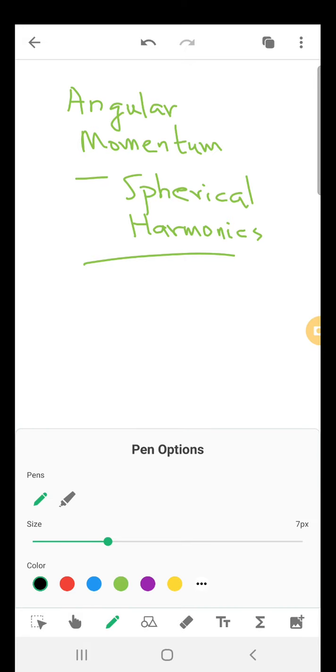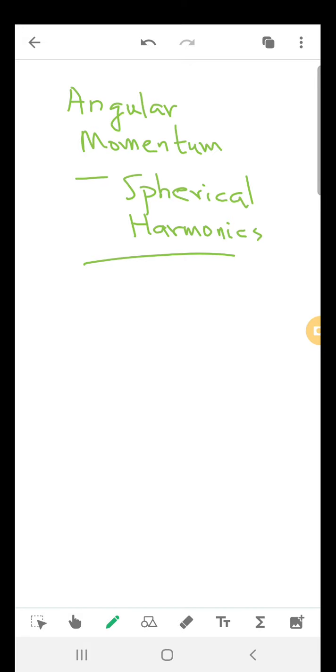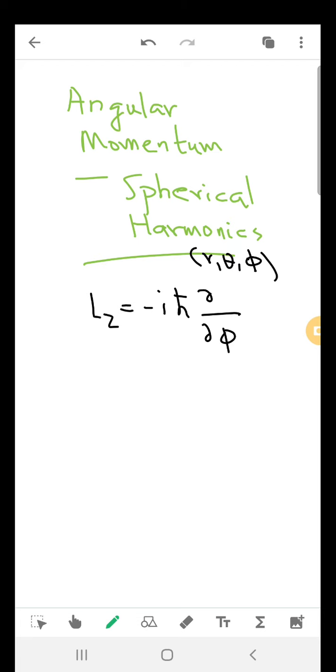Now, we know that the z component of angular momentum is equal to minus h cross del by del phi, whereas spherical harmonics means we are representing in terms of r, theta and phi.